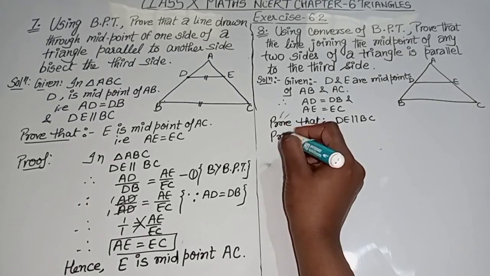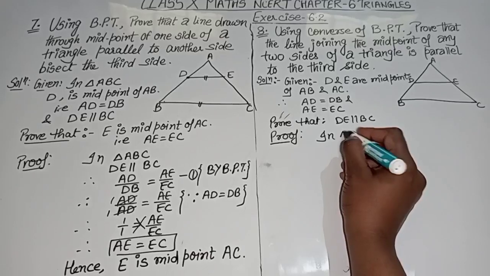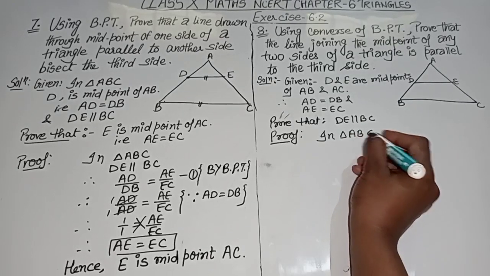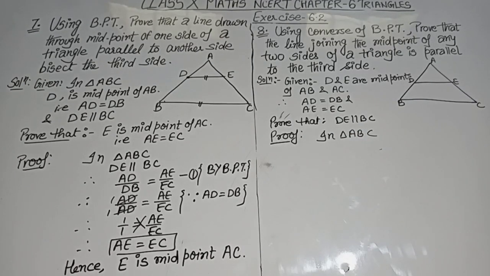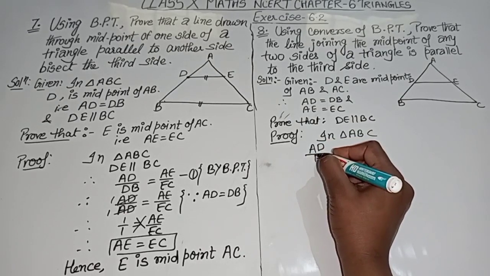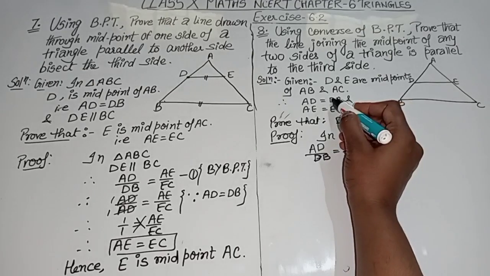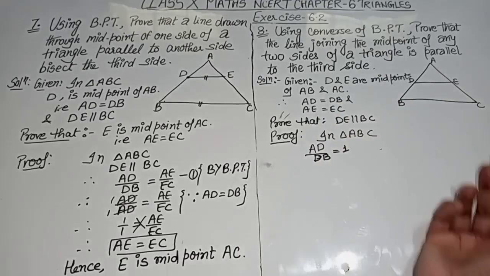Now the proof. In triangle ABC, AD upon DB is equal to 1, because AD is equal to DB, so DB comes to this side.